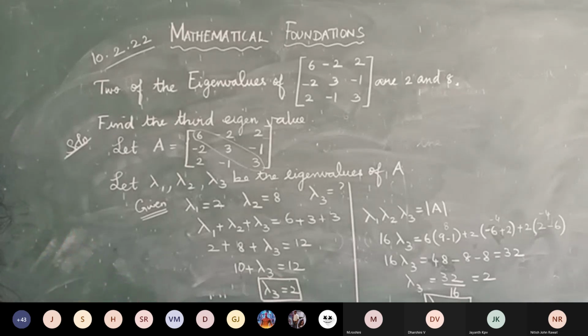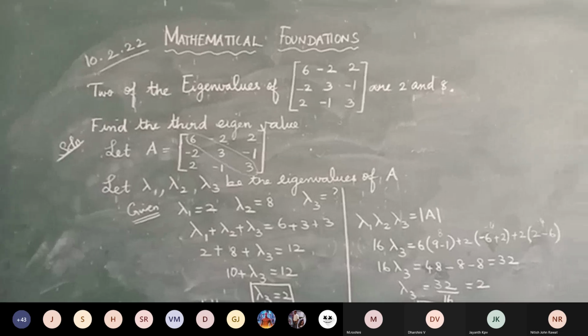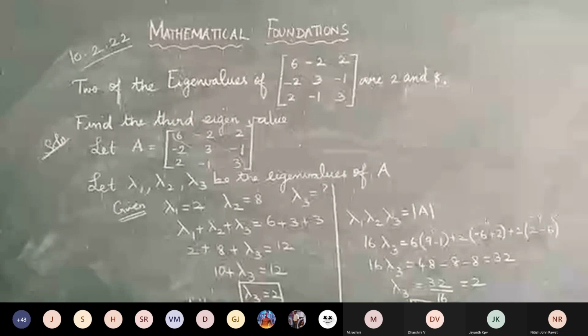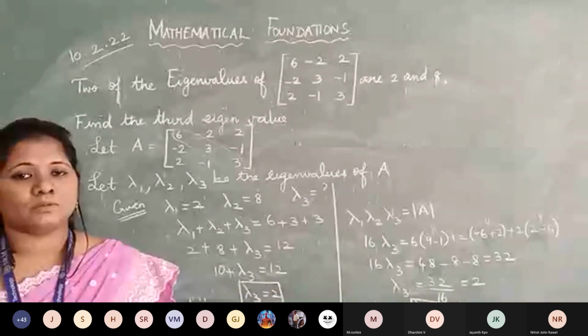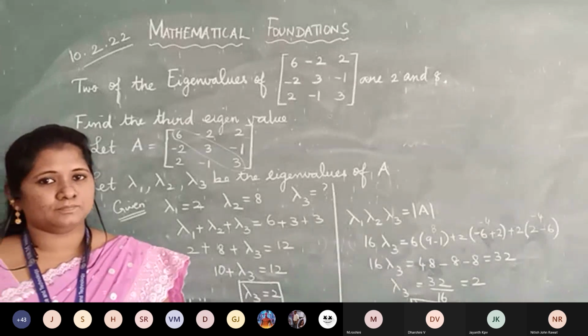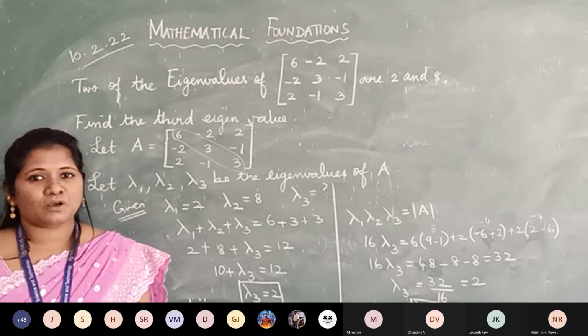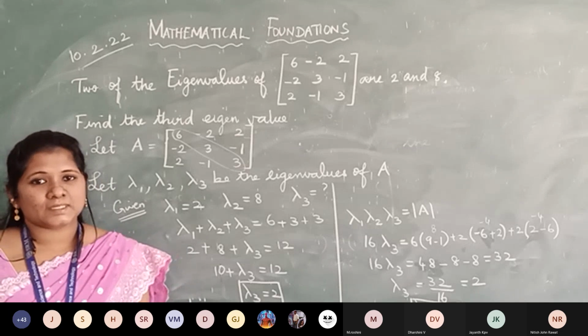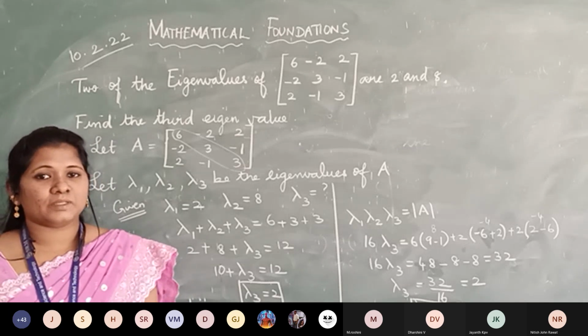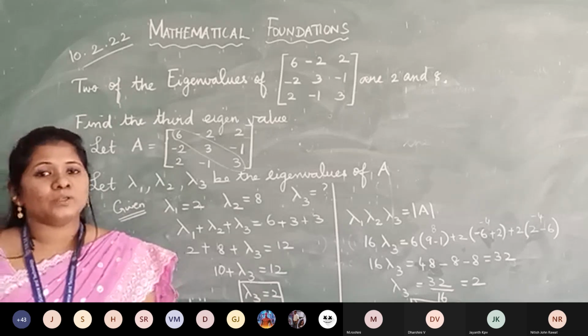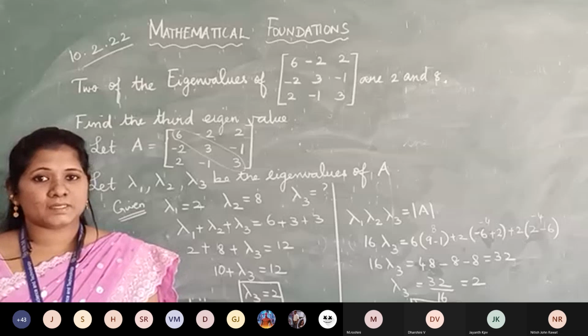This property we will be using in many places. You can check it actually. When you're finding your eigenvalues and eigenvectors, you can check whether you've got your eigenvalues correct or not. This is one verification. When you solve that equation and get the characteristic equation, and then solve it and get the roots, you will not know whether it is correct or wrong.